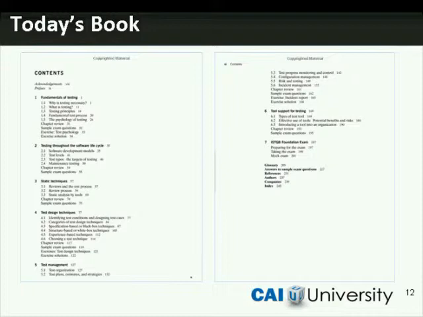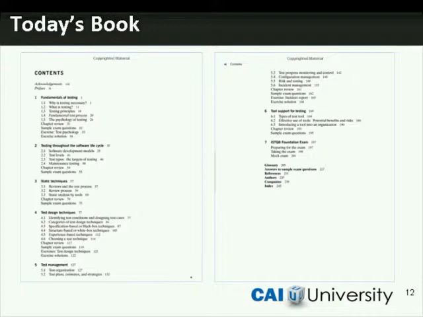Those are explained in a clear, logical fashion, which we can talk about on the next slide in terms of how the flow works. Because testing is a challenging activity and requires that you challenge yourself and think about it as you go along, it does include exercises that allow you to practice some of these key ideas.